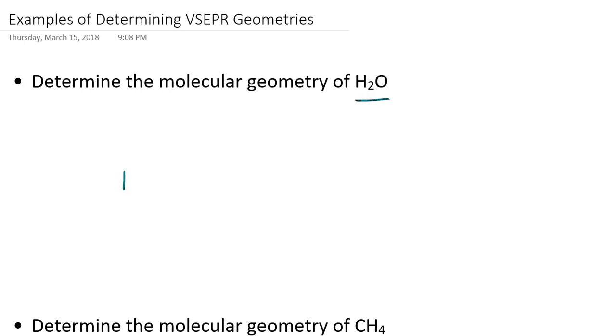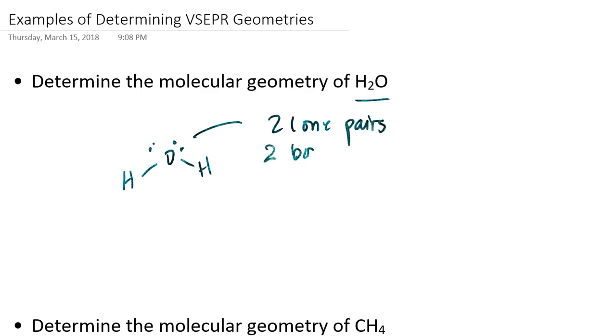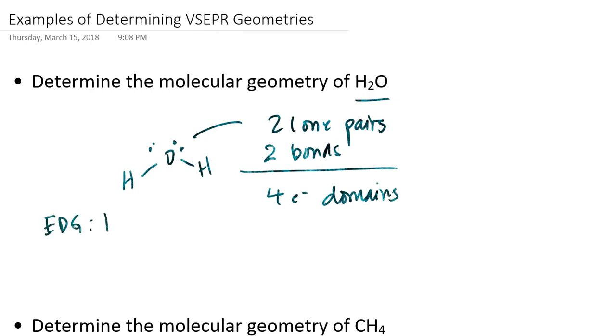Basically, the Lewis structure of water should look like this. I have 2 lone pairs and I have 2 bonds, and so I have 4 electron domains. So the electron domain geometry should be tetrahedral.